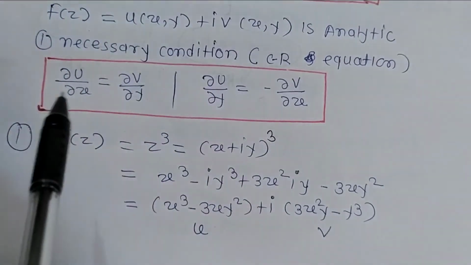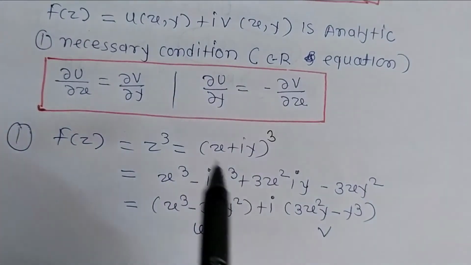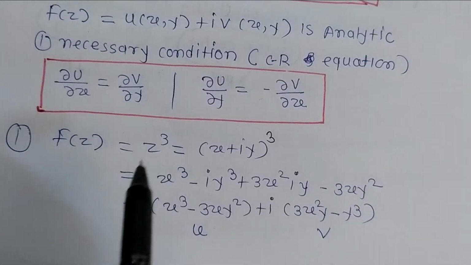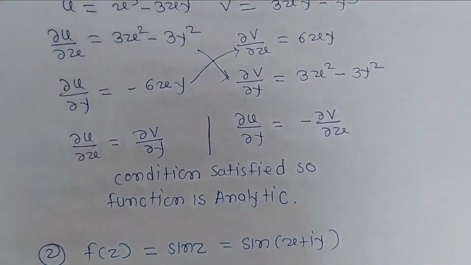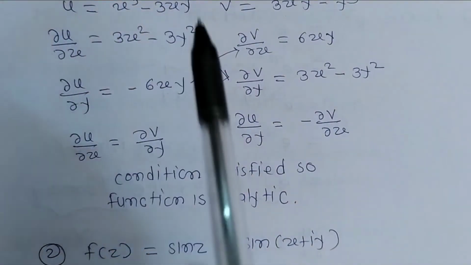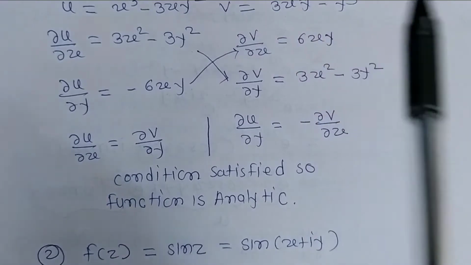Then we have to check the condition. If it is satisfied, then we call the function f of z is equal to z cube an analytic function. Here u is x cube minus 3xy square and v is 3x square y minus y cube.